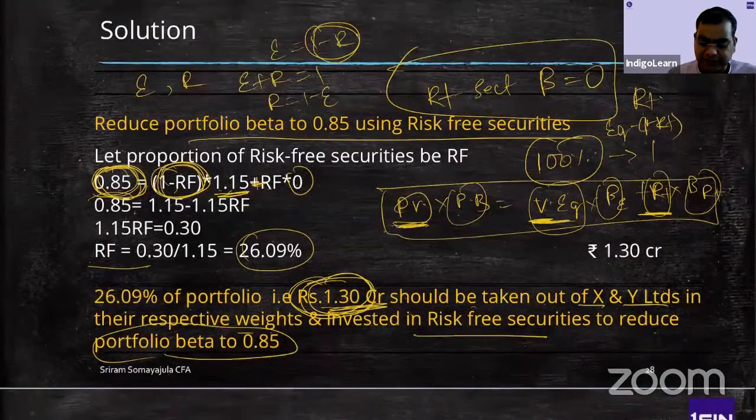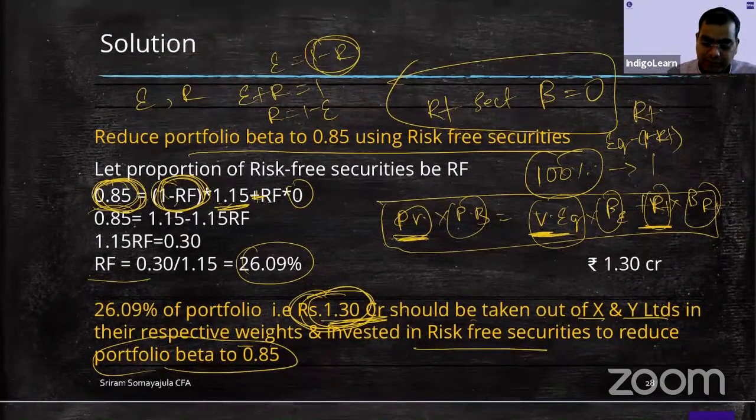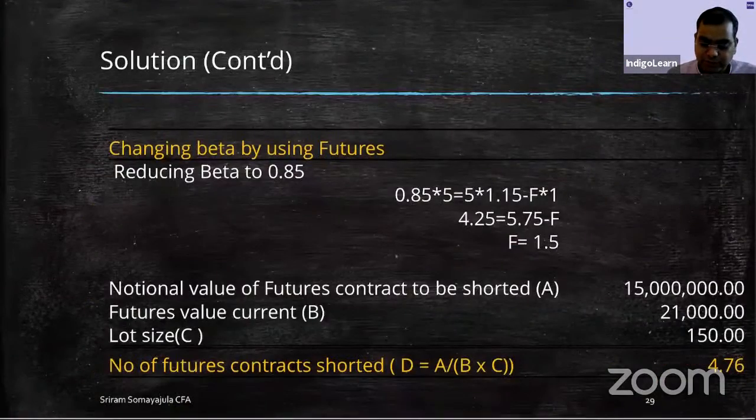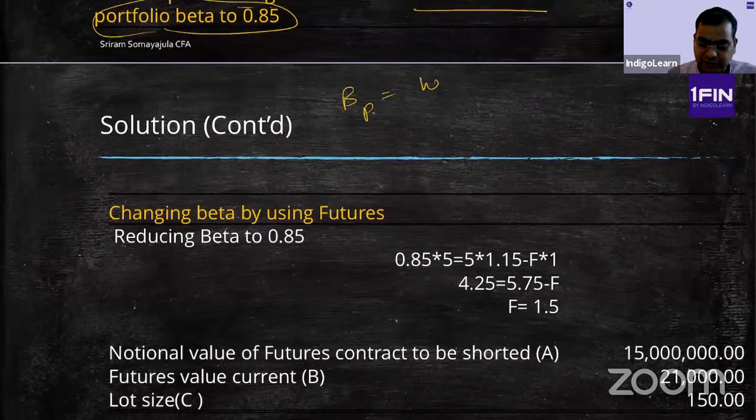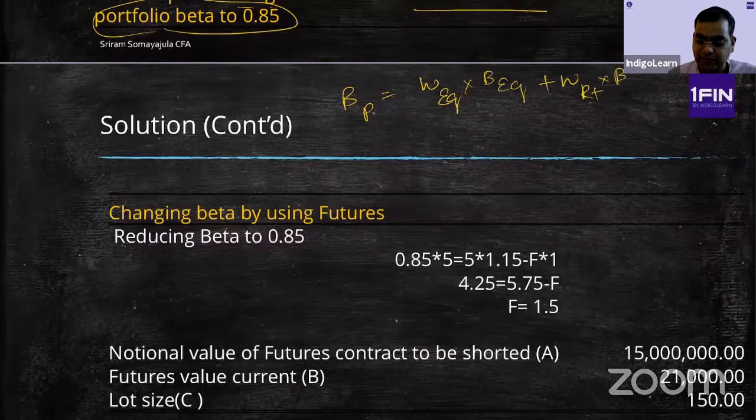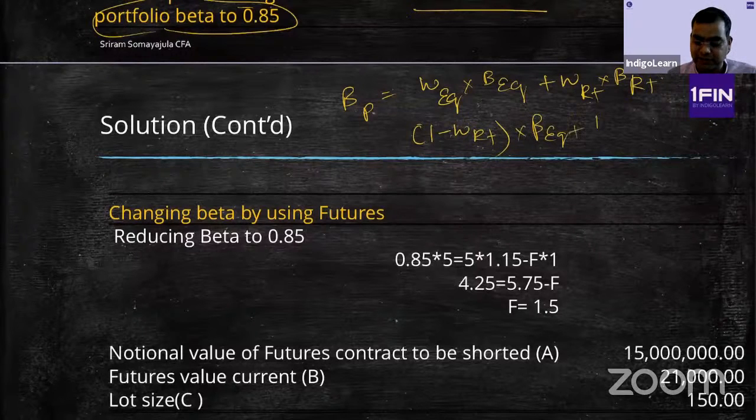And the weighted average computation is what? Beta of portfolio is equal to weight of equity into beta of equity plus weight of risk-free into beta of risk-free. Now, weight of equity can be written as 1 minus weight of risk-free. So 1 minus weight of risk-free into beta of equity plus weight of risk-free into beta of risk-free.